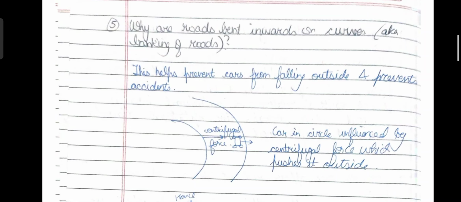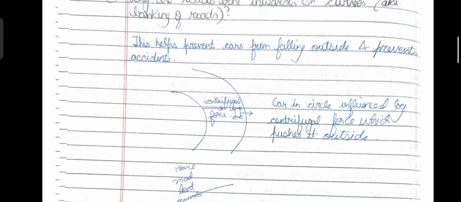Why are the roads bent inwards on the curves? The other term for this is, why are the roads banked, or the banking of roads? Why do we have to do so? Since in hilly regions the road is not straight and there are curves, a vehicle moving in a curved path results in the formation of centrifugal force.